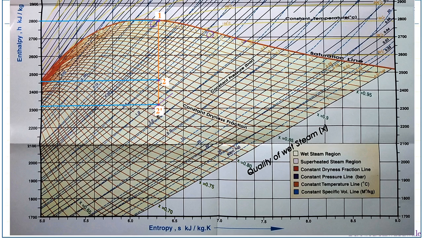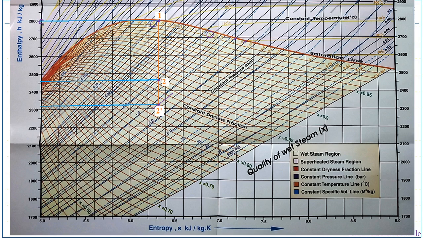So from this Mollier chart, we can directly get the enthalpy at point 1, enthalpy at point 2, and enthalpy at point 2 dash. We need not remember any formula to find out the results. So first of all, we'll find out the value at point 1. If we find the enthalpy at point 1, it is 2800 kilojoules per kg.